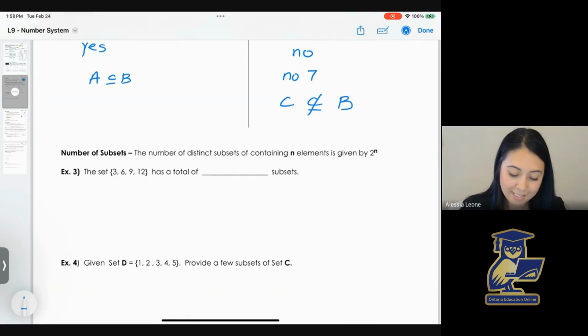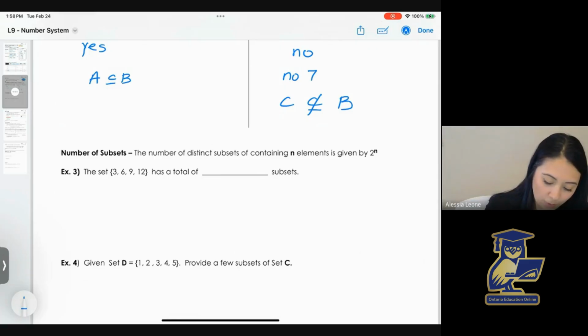The number of distinct subsets of a set containing n elements is given by 2^n. So 2 to the power of a number is what that means. The set 3, 6, 9, 12 has a total of how many subsets? So let's take a look at the formula, 2^n. There are 4 elements here.